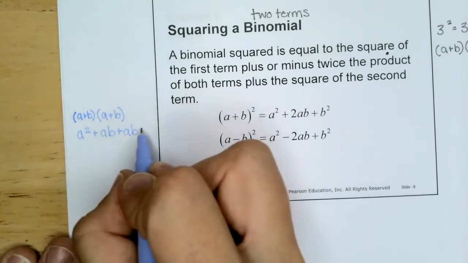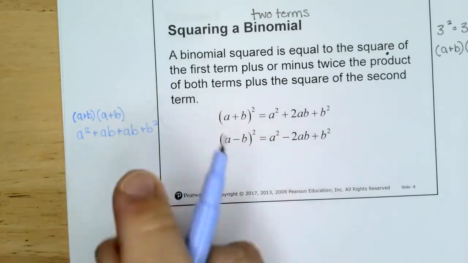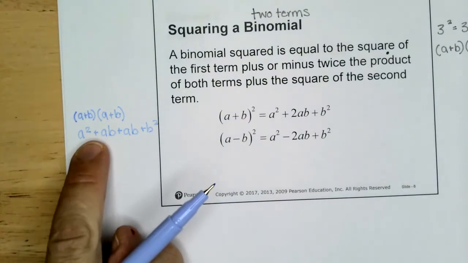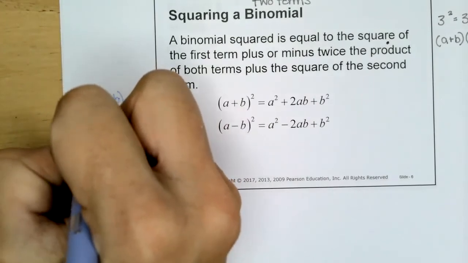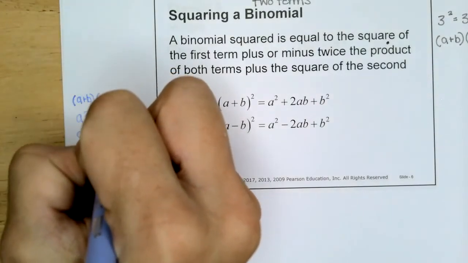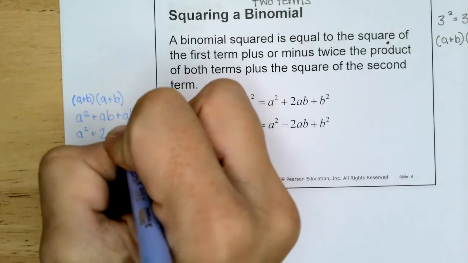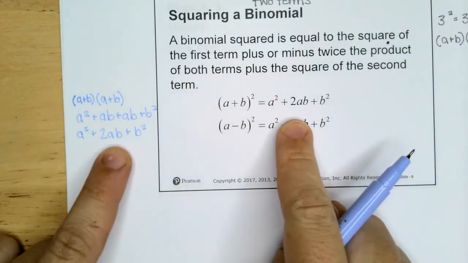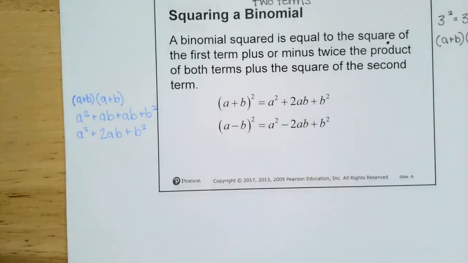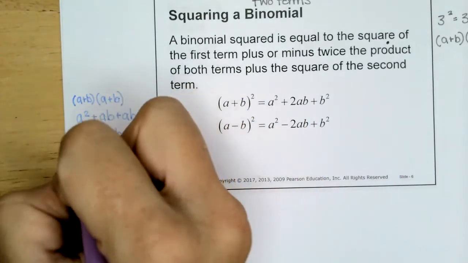And then b times b is b squared. So I just FOILed it. First, outside, inside, last. Combine those terms. And I have the same thing they have. I did it with the negatives.